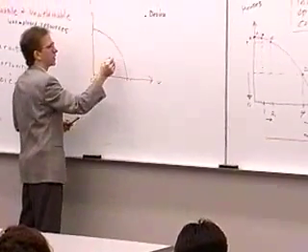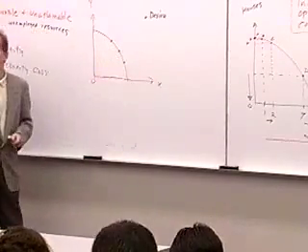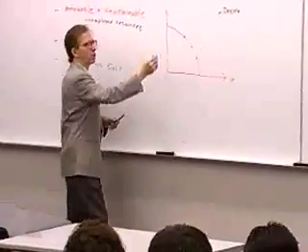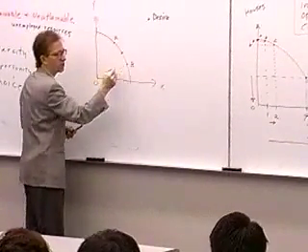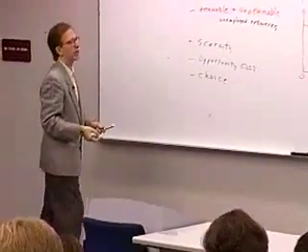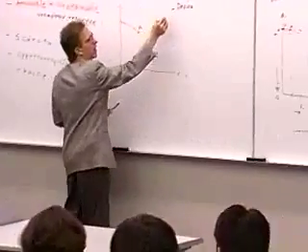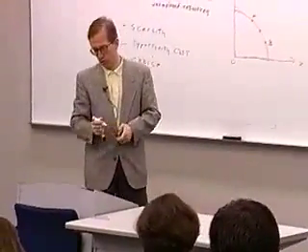Let me draw the curve again, and all I'm saying to you is you've got to choose some point along that curve. Where do you want to be? Do you want a little bit more of good Y? Do you want a little bit less of good Y and more X? Choose. The necessity to choose is there because we cannot attain all that we desire. And that being the case, we have to decide what's most important to us.